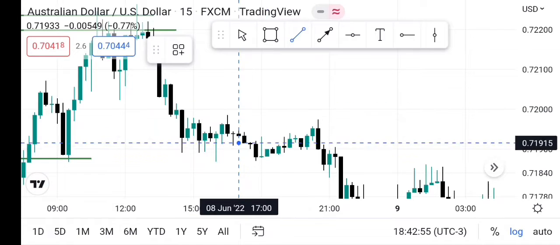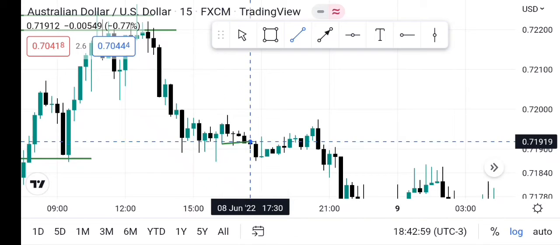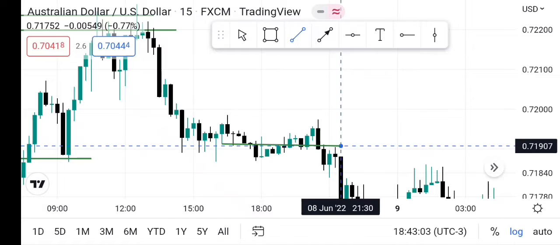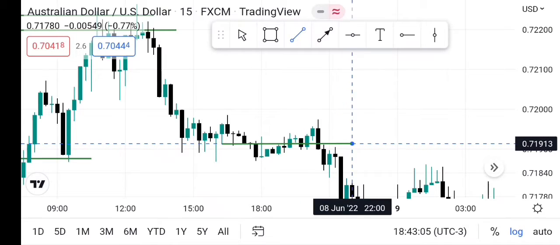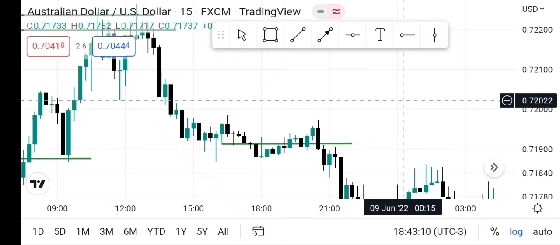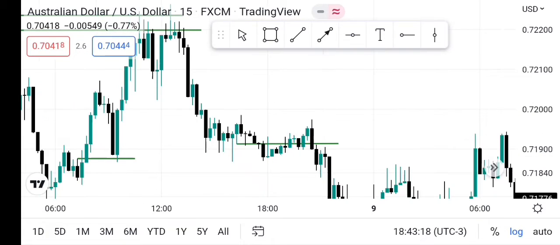You take the low of it, and then draw it out and see how price reacts to it later on. You see that? If you were a seller there, you would really be a part of this beautiful move.